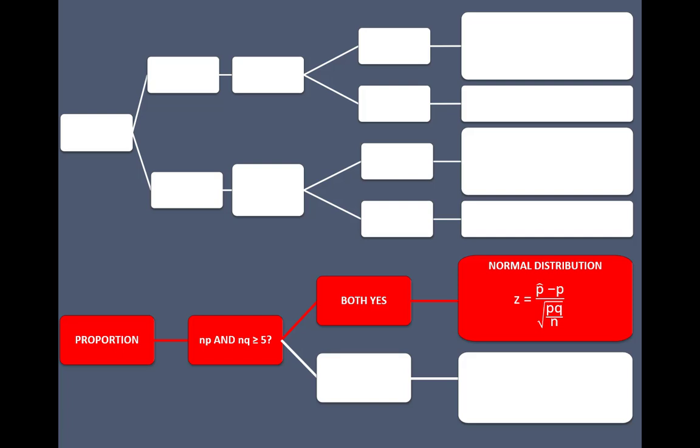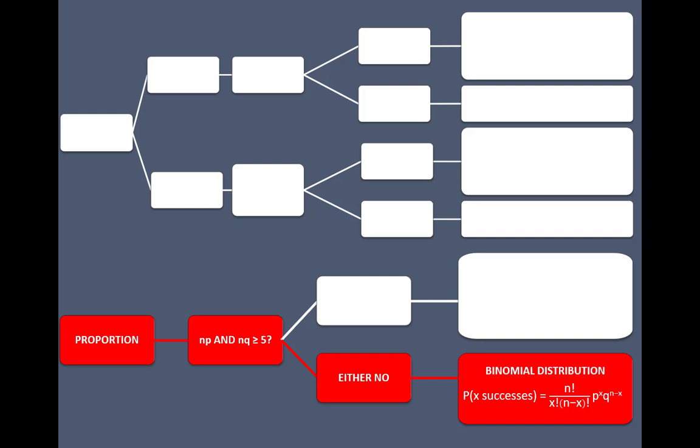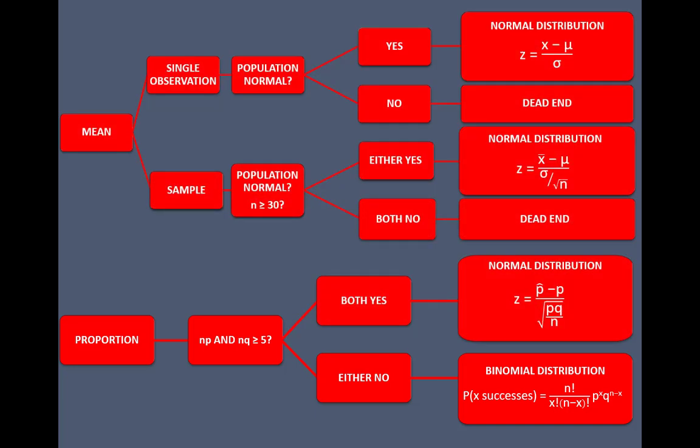If when I did that calculation, n times p and n times q, either of those is less than 5, not if both of those, just if one of those things is less than 5, then we need to use the binomial distribution. So to recap the entire thought process, we have our 4 possible formulas: z equals x, z equals x bar, z equals p hat, or the binomial distribution.